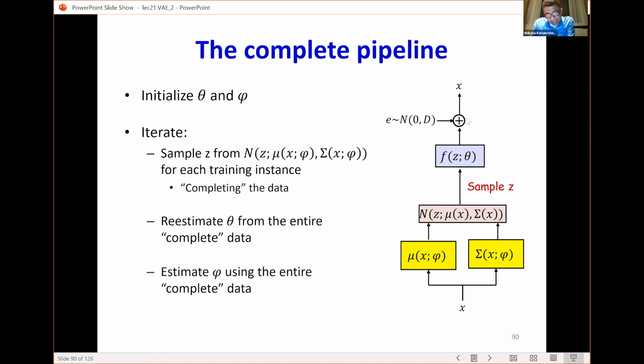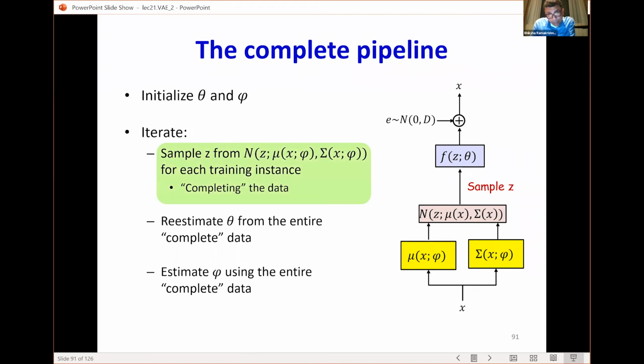But then, now that I have f, I can go backwards, and for each x, I can get an estimate of what the z must have been. And using the z and the x, I can go back and get an updated estimate for what the phi must have been. And so I can estimate the phi using this data. Is this process making sense? Yes, no, right? So that's what we're going to do.